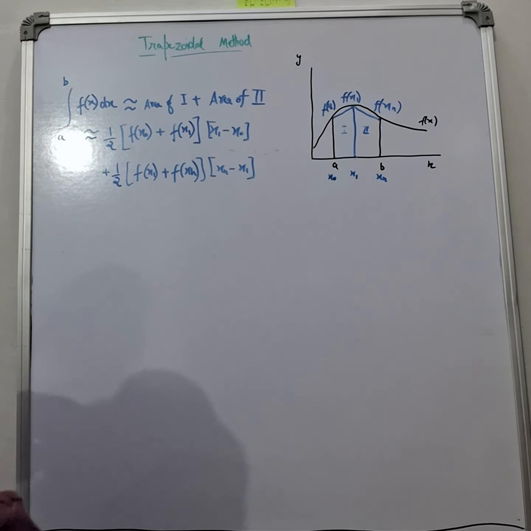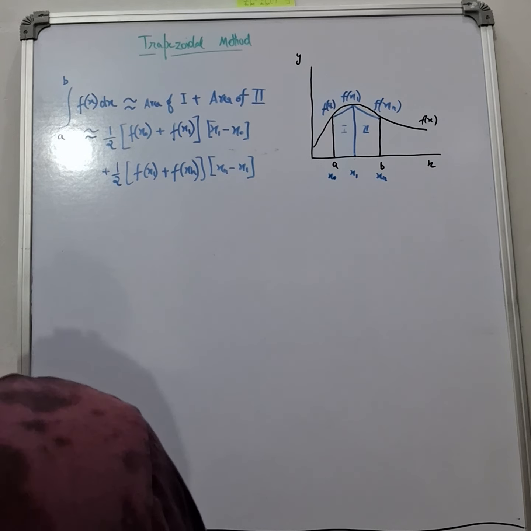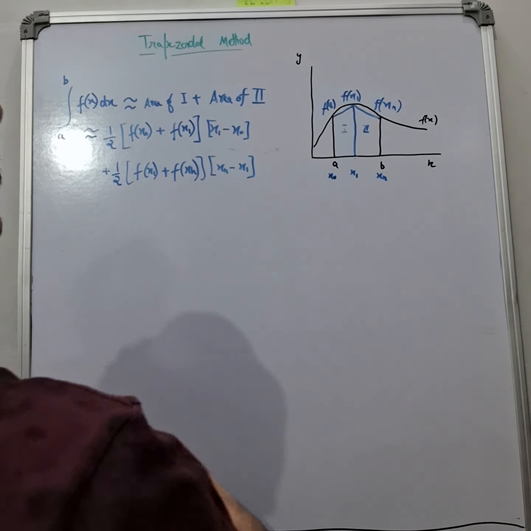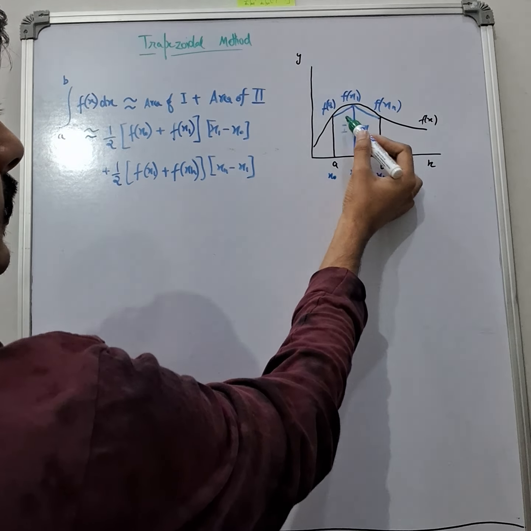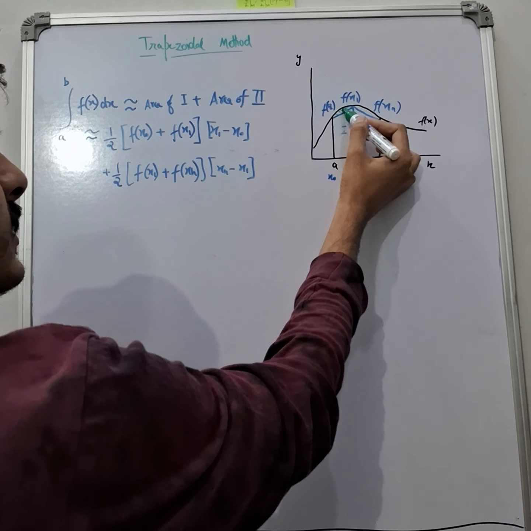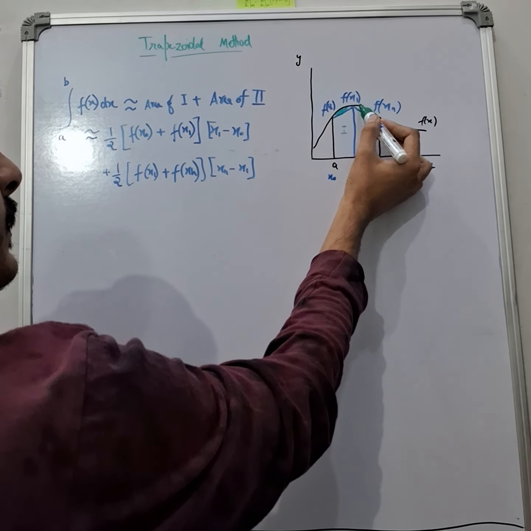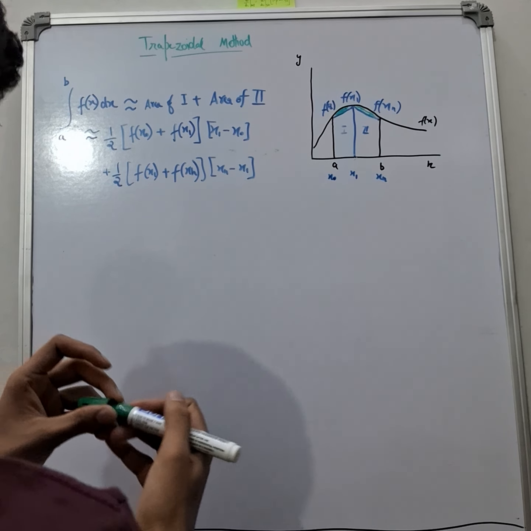Basically this is all you have to do, but here we can see that this area under the curve is not exactly equal to the area of these two trapezoids. This area is not being counted when we are doing it for just two of them.